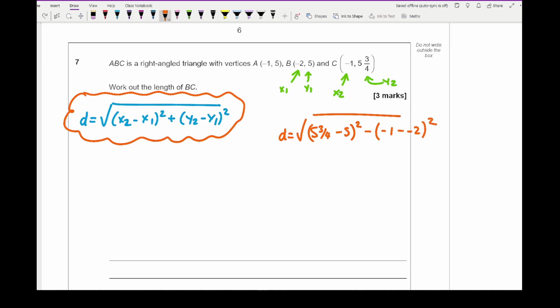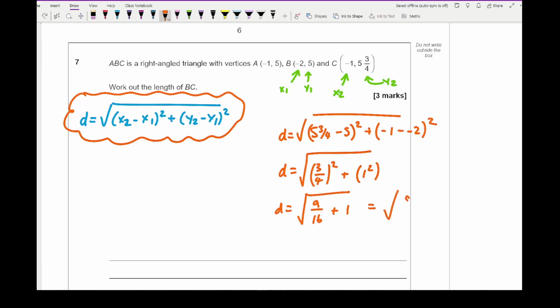And simplifying that, what we end up with is D equals the square root of (3/4) squared, sorry, that should be a plus, 1 squared. And so that means D is going to equal the square root of 9/16 plus 1. Now because it's non-calculator, we want to convert that 1 so it's easier for us to add the fractions up.